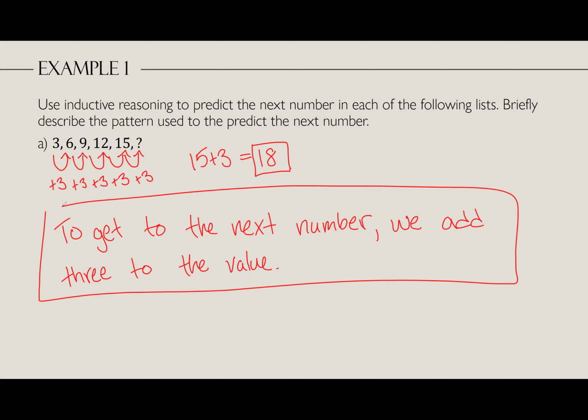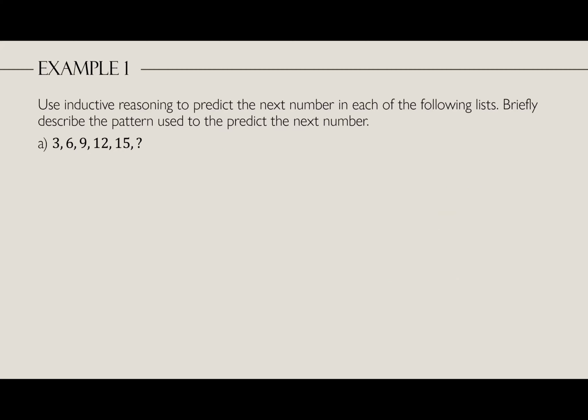Let's do another practice one with part B. If we move on to part B, same instructions, but now I've got 1, 3, 6, 10, 15. So what's my pattern here? Looking at this initially, it doesn't seem to be as straightforward as the plus 3 we had earlier.